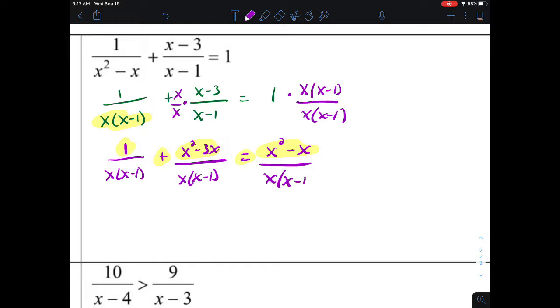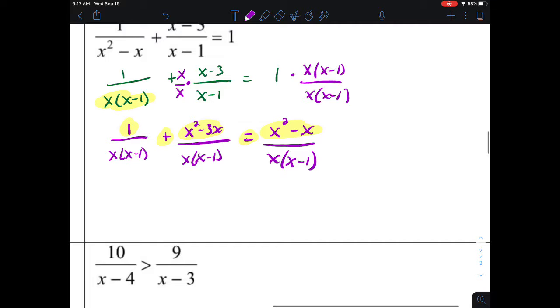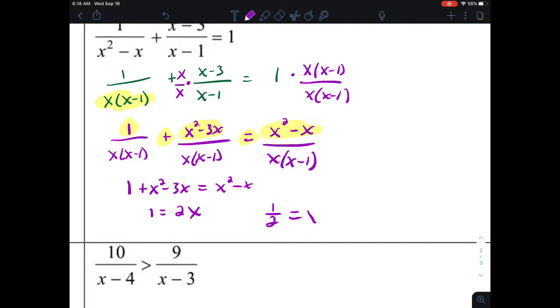I should have the denominator, x times x minus 1. And so our equation we're working with is 1 plus x squared minus 3x is equal to x squared minus x. Now I want to solve this problem. We're going to end up with 1 equals 2x, divided by 2, and I get 1/2.